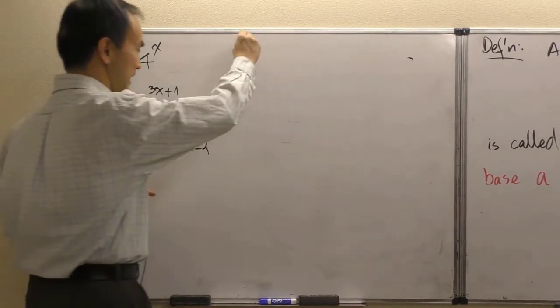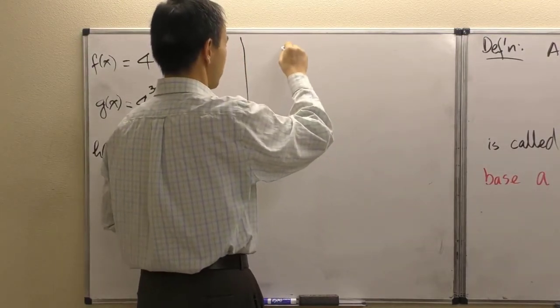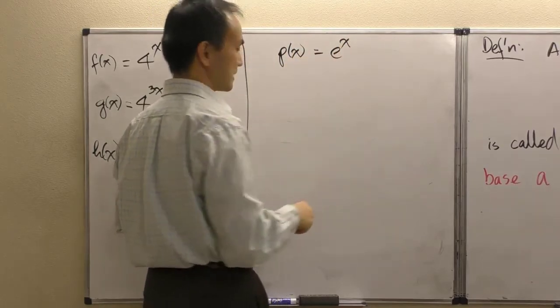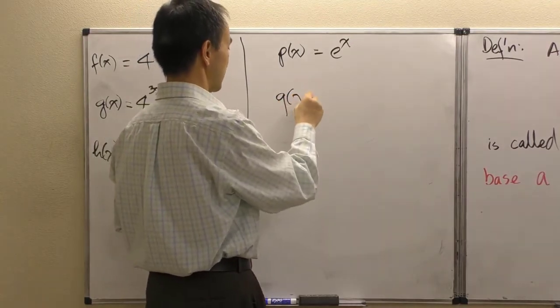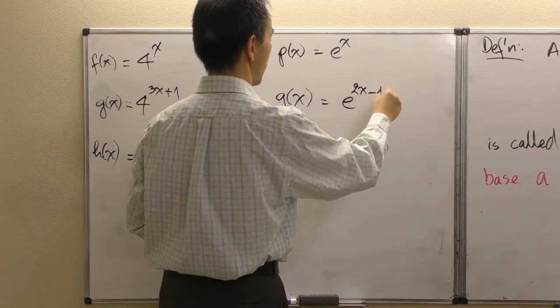And then here I can call that some function. How about p of x being e to the x from example 3 right there. And then we came to q of x being e to the 2x minus 1. Okay.